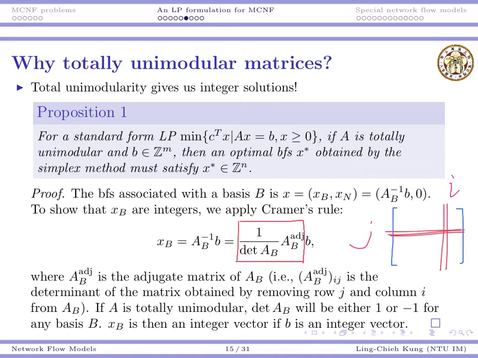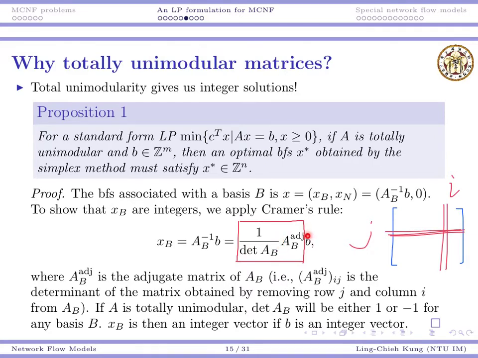Anyway, we don't really care about details because all we care about are these numbers. Determinant A_B must be either 1 or minus 1. Okay? Because A_B itself is a submatrix of A, and A is totally unimodular. So A_B as a submatrix, its determinant must be either 1 or minus 1. For the A_B adjugate it is the same thing, right?